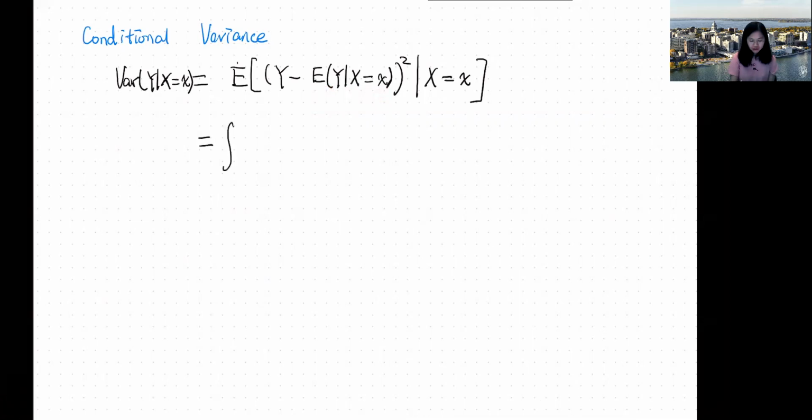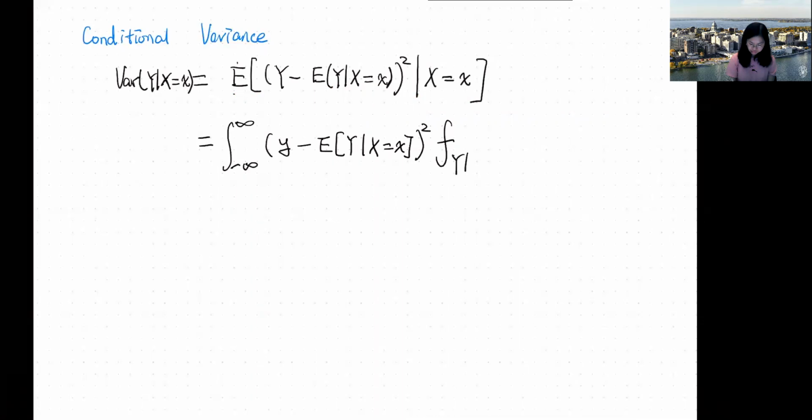And you can write this outer conditional expectation in terms of an integral. So that is the definition of conditional variance.